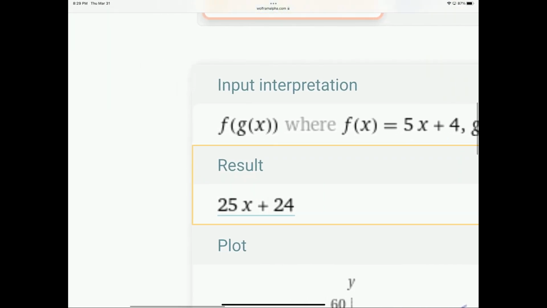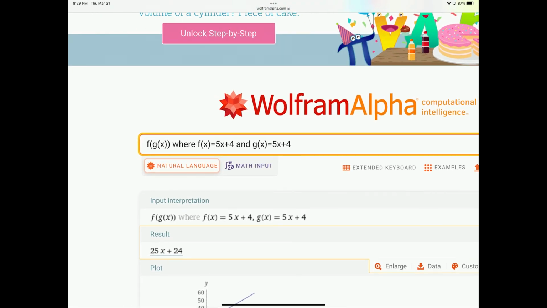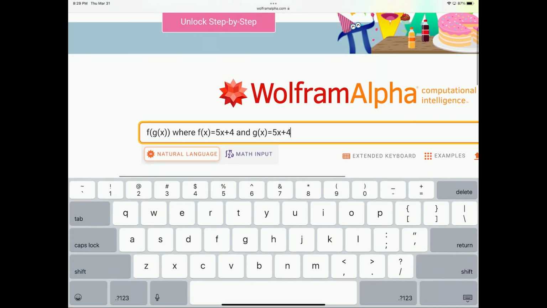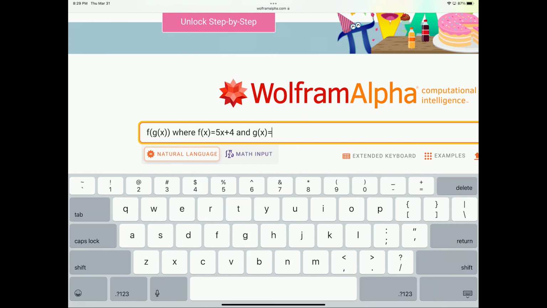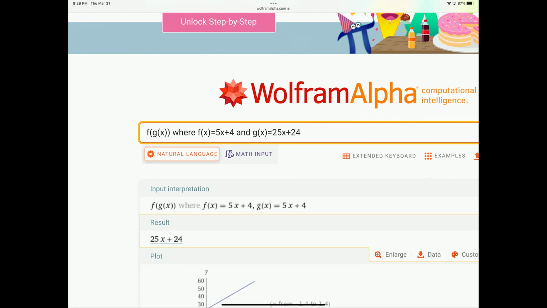Okay, there it is, 25x plus 24. So then what you do is you say, okay, well, that's f of f, 25x plus 24. So now let's do f of g, where instead of g being the same function, let's make it 25x plus 24, because that's really f of f.